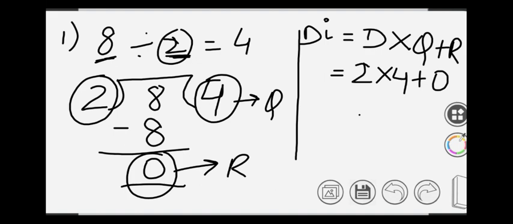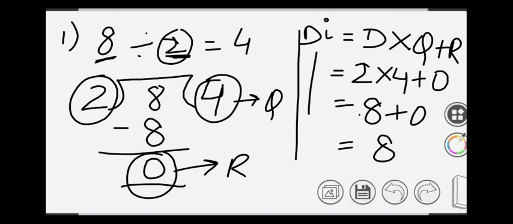Let us see. 2 multiplied by 4 is 8, plus 0, it becomes 8. And here the dividend is 8 only. So our dividend is equal to 8. Both are coming equal, that means our answer is correct.